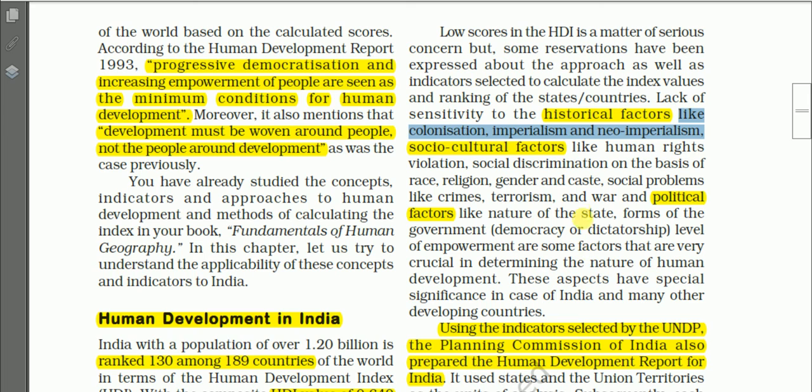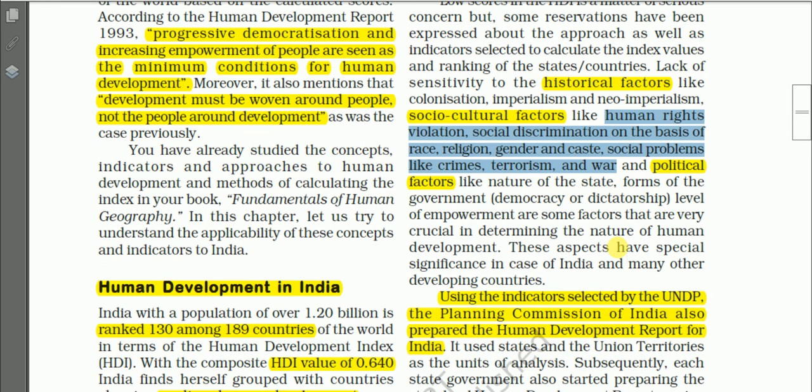Then socio-cultural factors like human rights violation, social discrimination on the basis of race, religion, gender, caste, then social problems like crime, terrorism, war. So these are the socio-cultural factors.